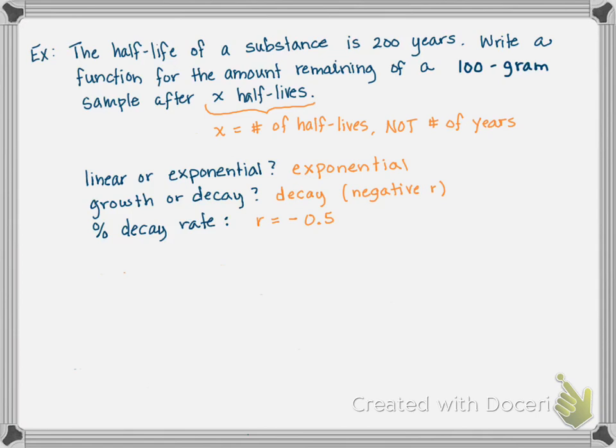So we can't write a function with just R, right? What actually goes in our function is what we're multiplying by repeatedly, and that's our decay factor. So what's that going to be? How's that related to the decay rate?